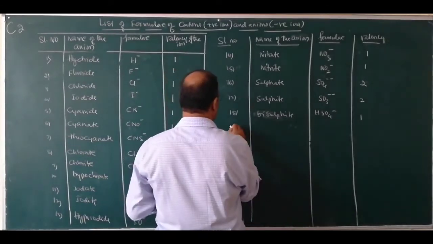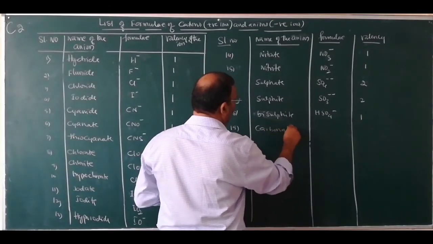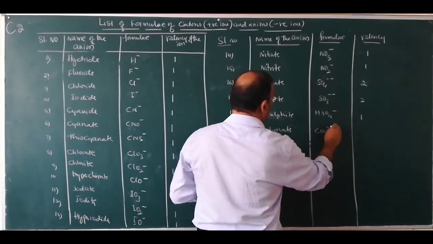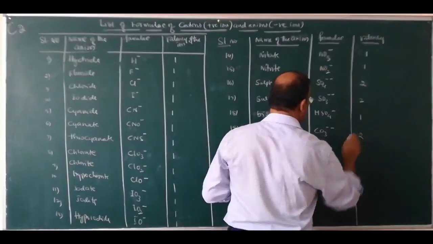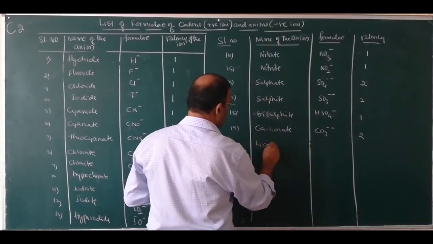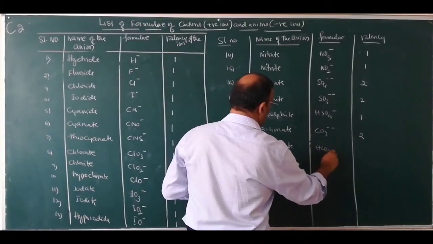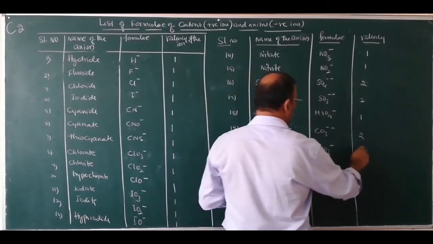And then carbonate, CO3 2 minus, valency is 2. Bicarbonate, HCO3 minus, valency is 1.